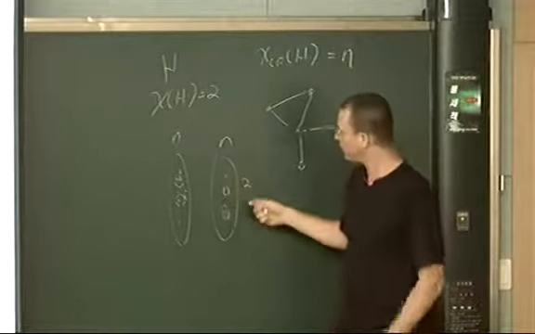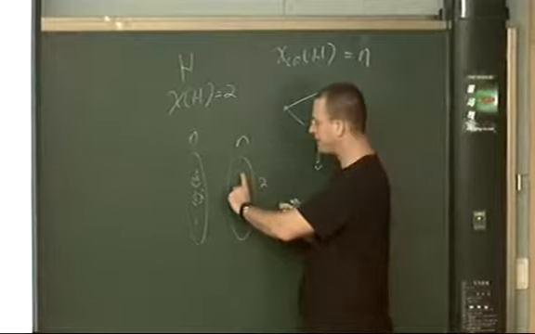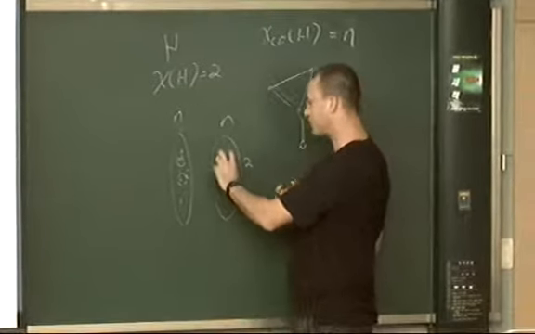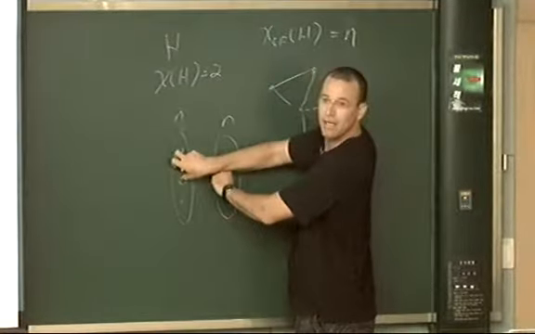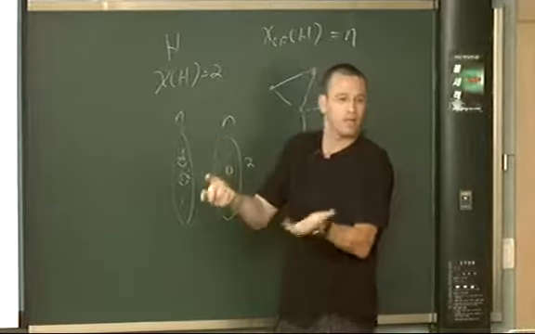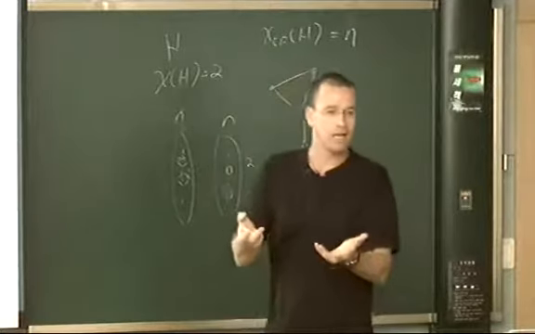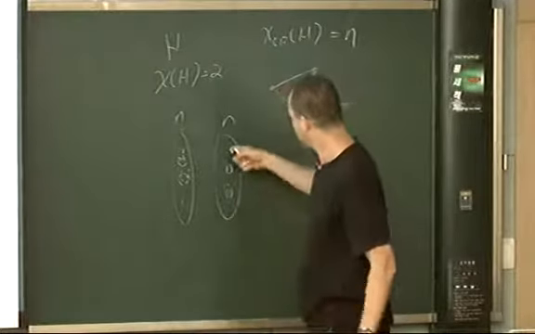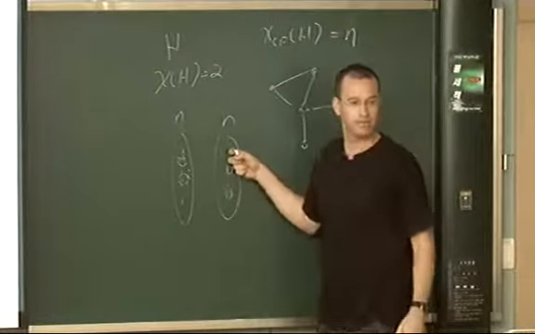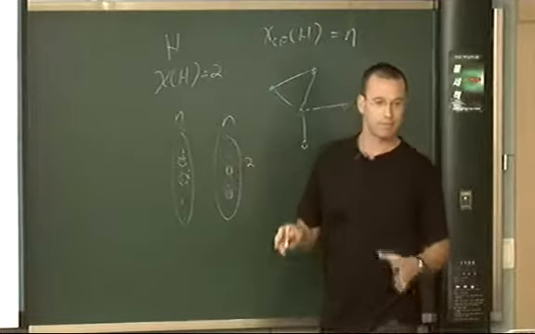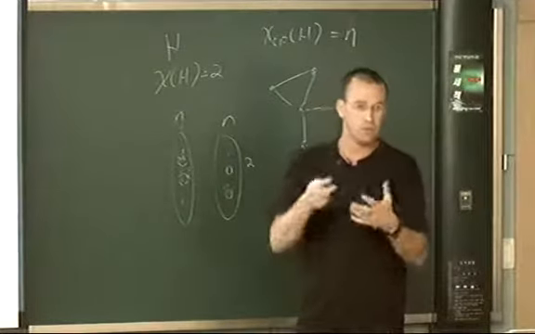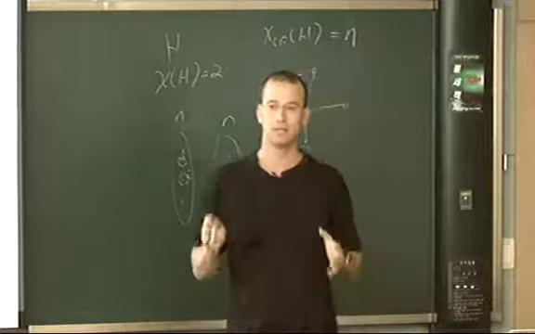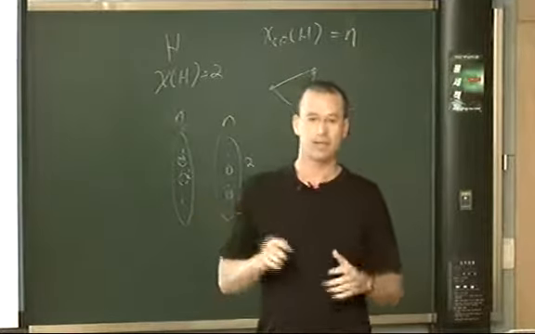Because if there were two vertices with the same color, then the hyperedge consisting of these two vertices plus these two I-colored vertices would have no uniquely colored vertex. Every color appears there twice. The I appears twice, right? So this means that this side has n distinct colors. So in any case, if you CF color this hypergraph, you use at least n colors, and n colors are enough, so the CF chromatic number of this hypergraph is exactly n.